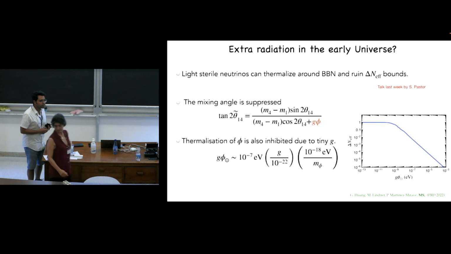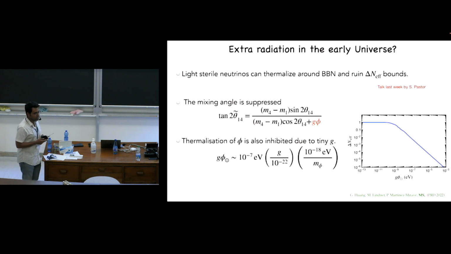You're assuming a CP-even field for phi, using misalignment. Is it actually possible? I don't know the answer off the top of my head, because in principle we just want phi to behave like a classical field, and misalignment is just one mechanism.